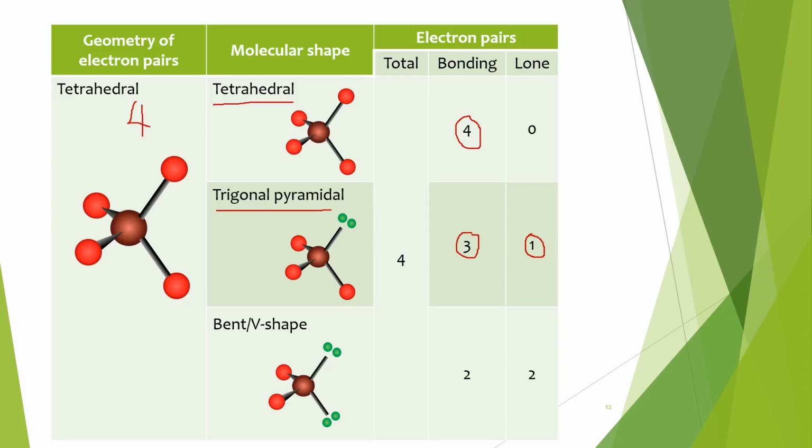And lastly, if the electron pairs consist of 2 lone pairs and 2 bonding pairs, the molecular shape will be bent or V shape.